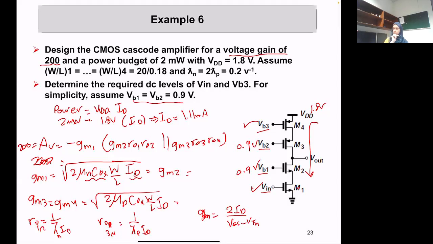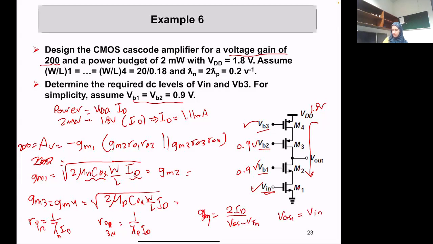For the VN level, if I put GM1 and I put 2ID, VGS of transistor 1 is equal to its input level.